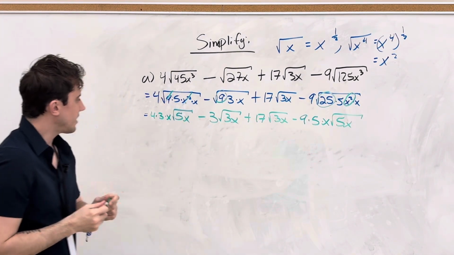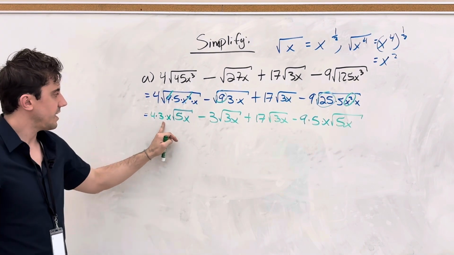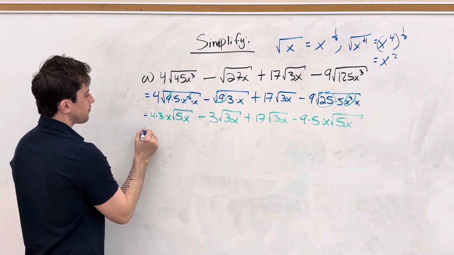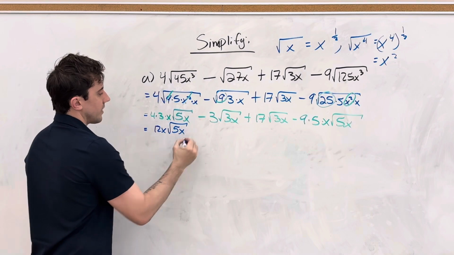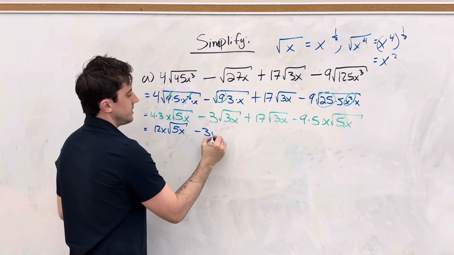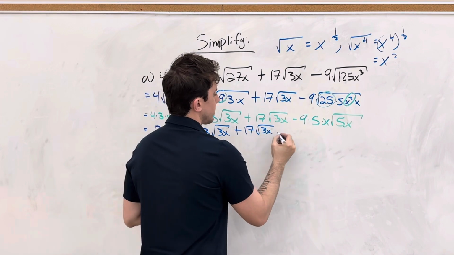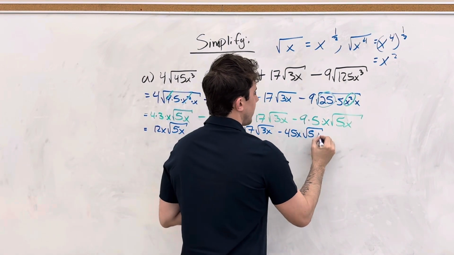And so this is our next line, and now we can multiply through everything in front of the radicals. And so we'll have in this one 12x times root 5x minus 3 root 3x plus 17 root 3x minus 45x root 5x.